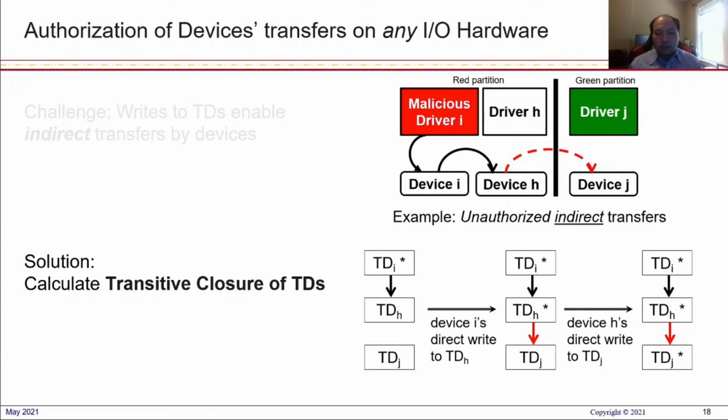Then the computation discovers that the middle TD state enables a direct write from device H to TDJ. Now the algorithm discovers an unauthorized transfer in the transitive closure. Thus, the model must deny the read driver I from writing the device I, because this write could lead to indirect cross-partition transfers.